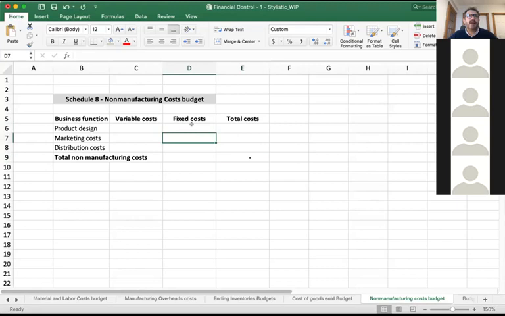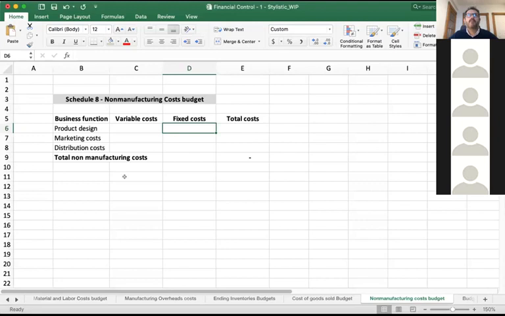So product design. So we have only a fixed cost of $1.24 million. Sorry, you should see my Excel file now.